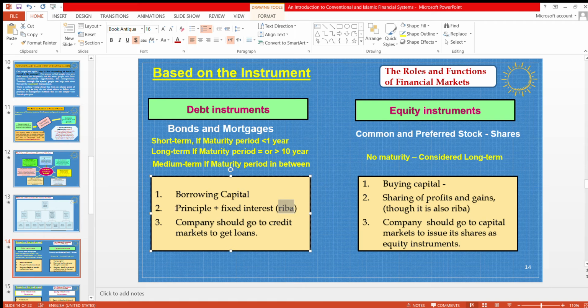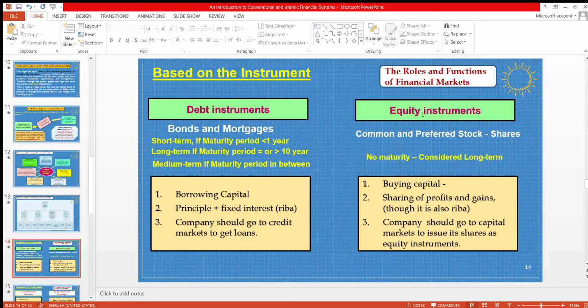So in debt markets, bondholders are actually creditors, and the company goes to the credit markets to get loans and pays interest. So this is known as debt instruments, and we can also call it the debt market.